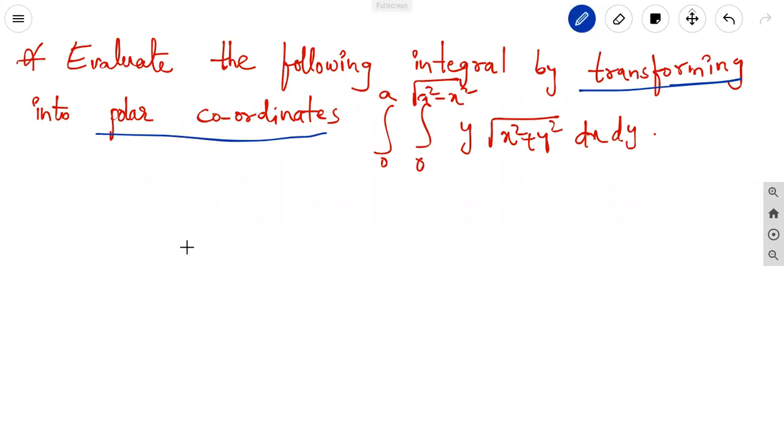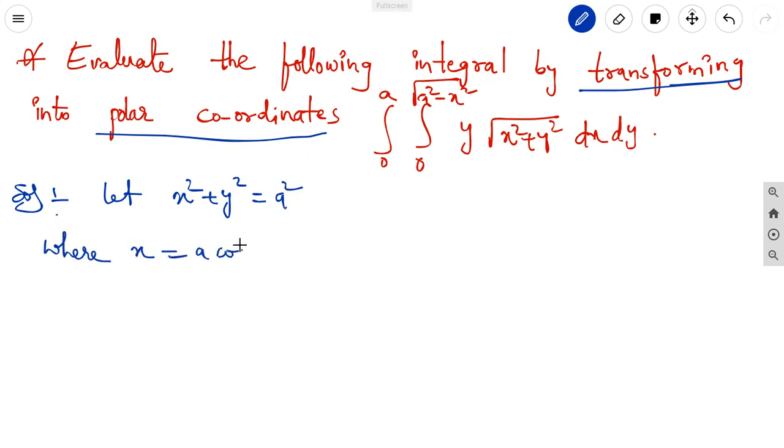Here, from this we can observe that x square plus y square is equal to a square, where x is equal to a cos theta, y is equal to a sin theta.